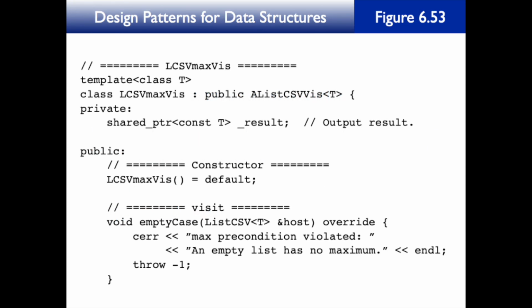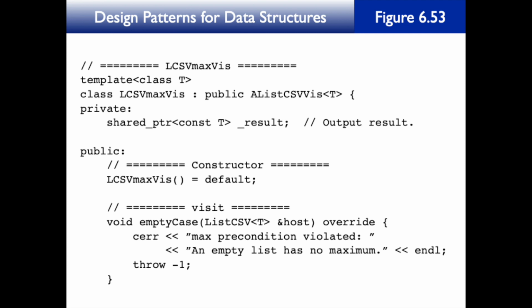So here's the code for the max visitor. In figure 6.53, first of all, for the max visitor, notice that we have this attribute const T* result. So result is a pointer to a type T, and that's going to be used to send back to the main program the return value.